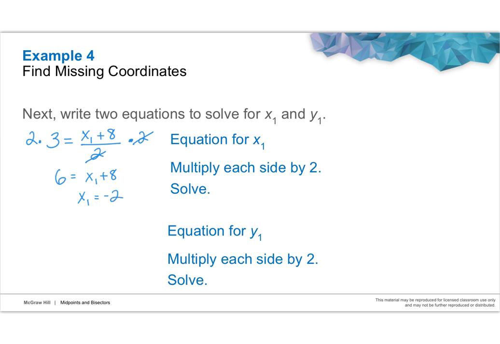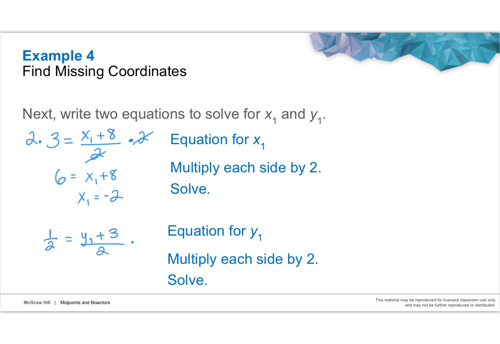Then we can write a second equation that involves our y1. We take our y coordinate from the midpoint, which in this case is 1/2, and the part of the midpoint formula we didn't have is (y1 plus 3, the y coordinate of the other endpoint) divided by 2.